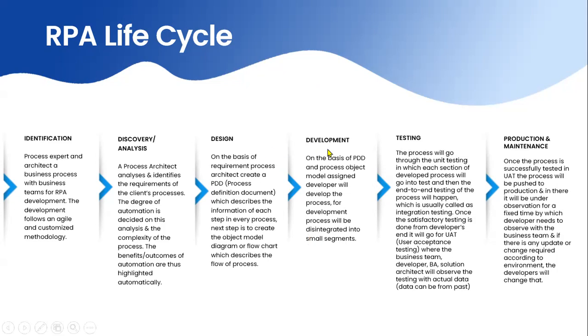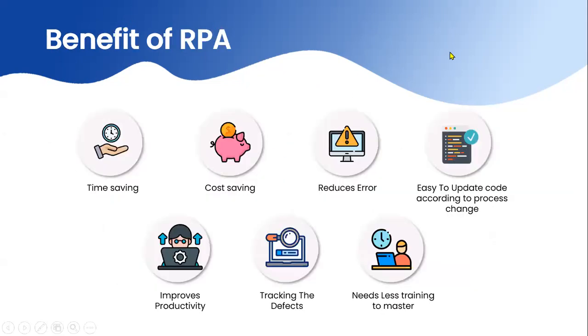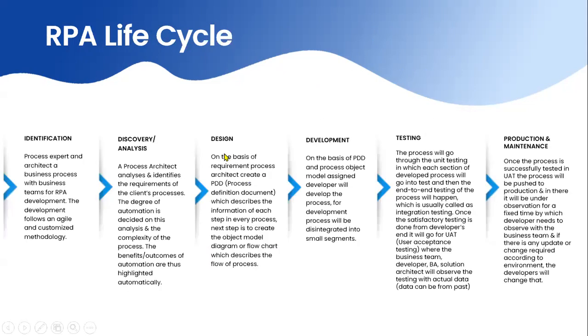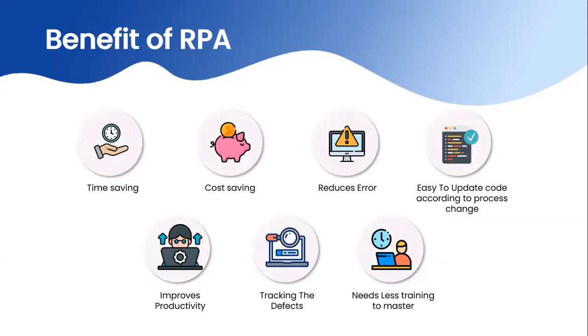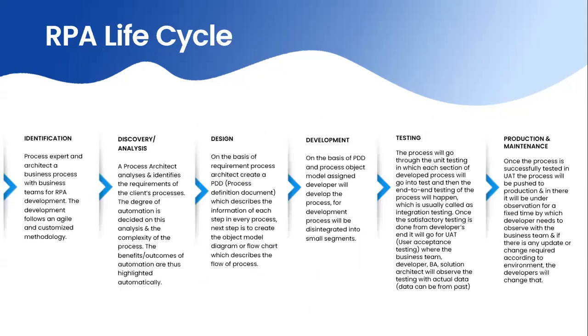Next step. Benefit of RPA. See, if you are not getting any benefit from automation, then I don't think you should develop a bot. As I said, the second step in the lifecycle was discovery analysis, right? Identification says whether you can automate it or not, and why is this discovery there?